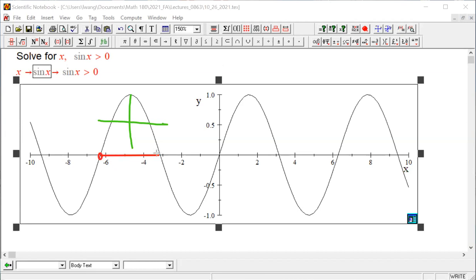Between these two numbers, the output is positive. And what else is positive? That piece is positive, right? So you need to identify all these positive pieces.